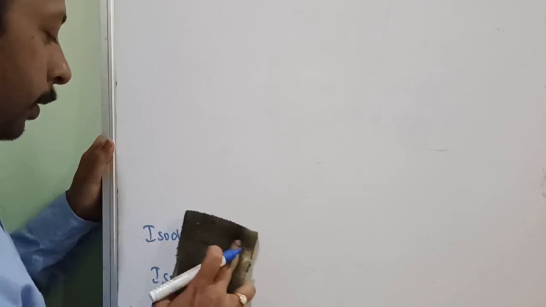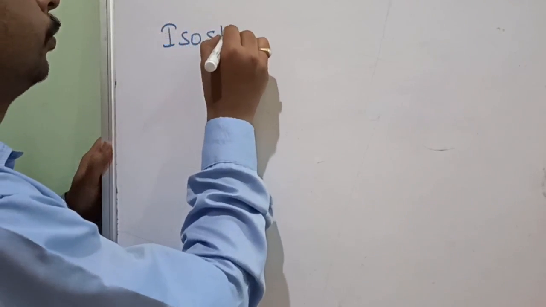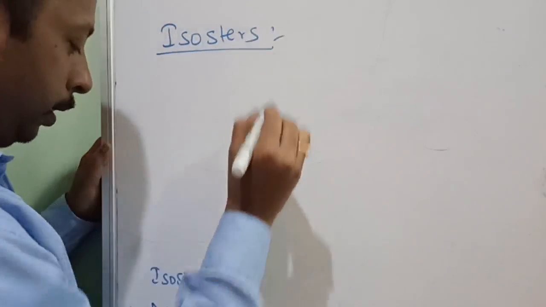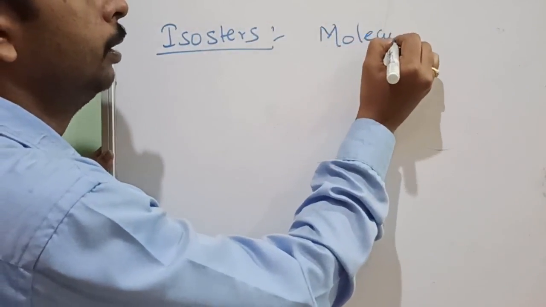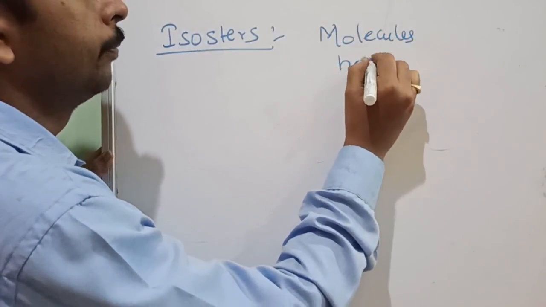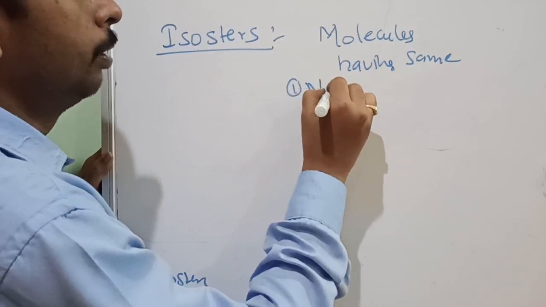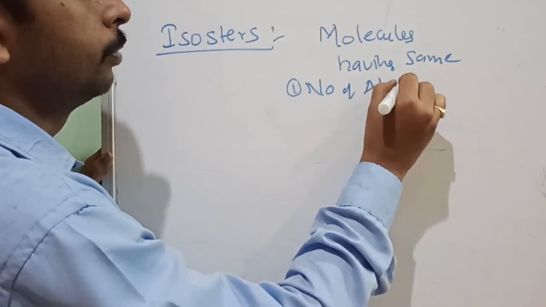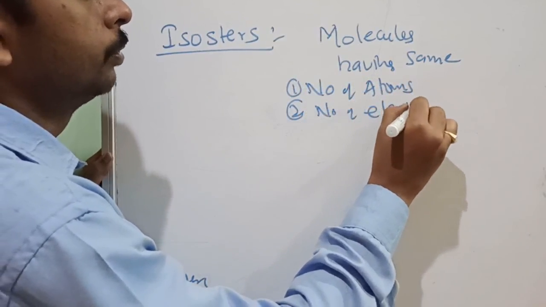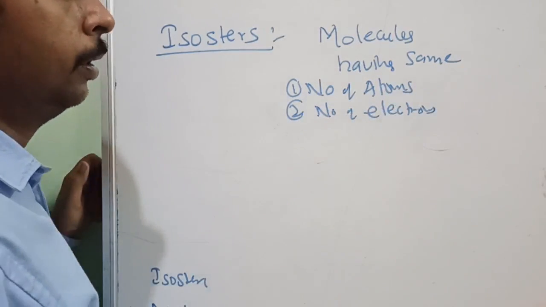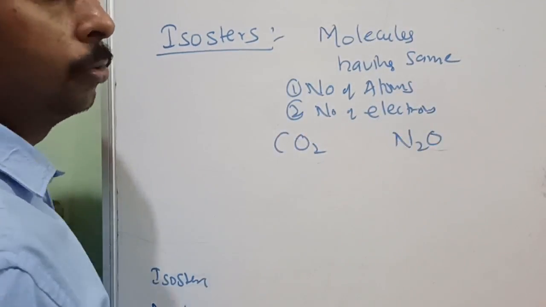Okay. Next is isosters. Isosters are molecules having the same number of atoms, and second, the same number of electrons. Let us take CO2 and N2. Understood?